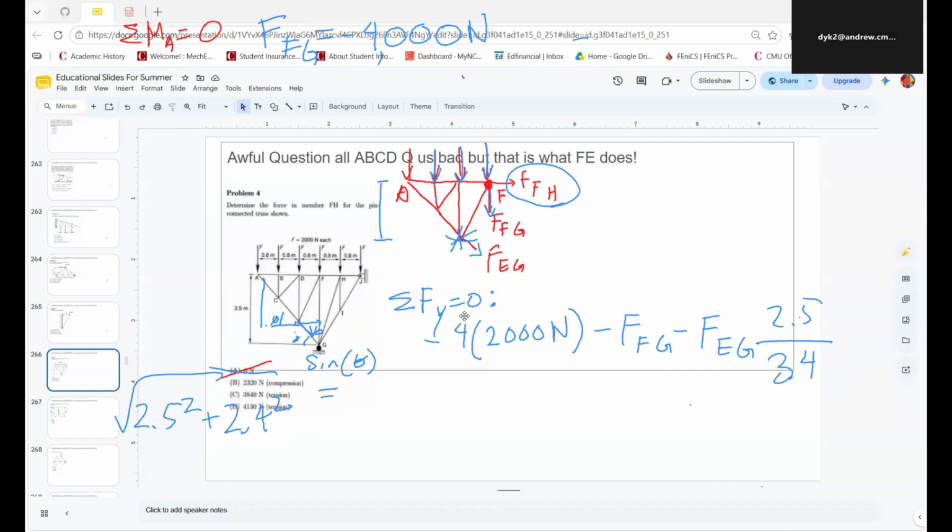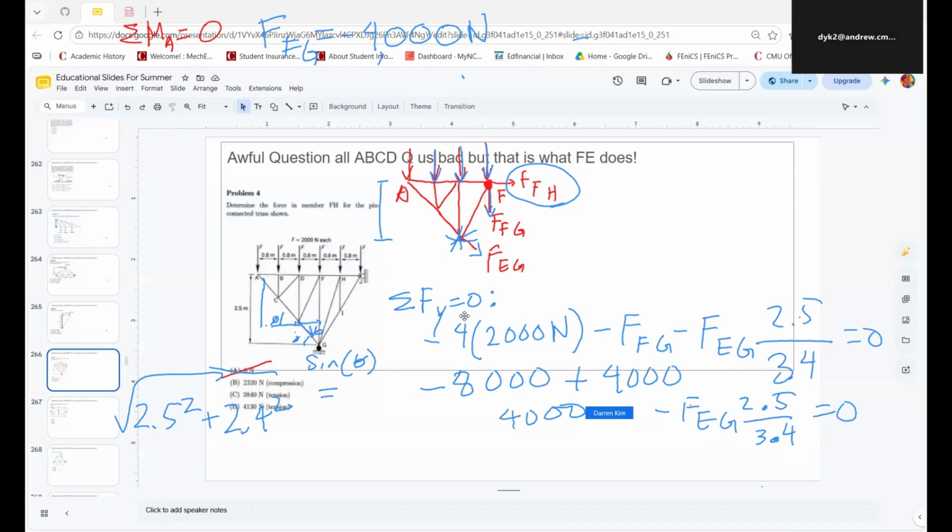Okay, so that's it. And then that equals 8,000 minus, and then it's plus 4,000. This equals 0 minus FEG. 2.5, 3.4 equals 0. And then this is negative 4,000.